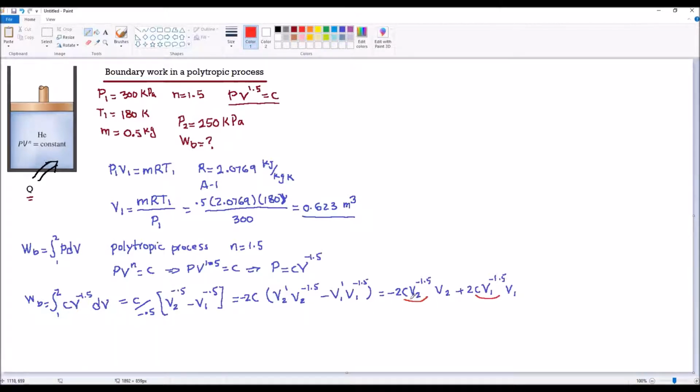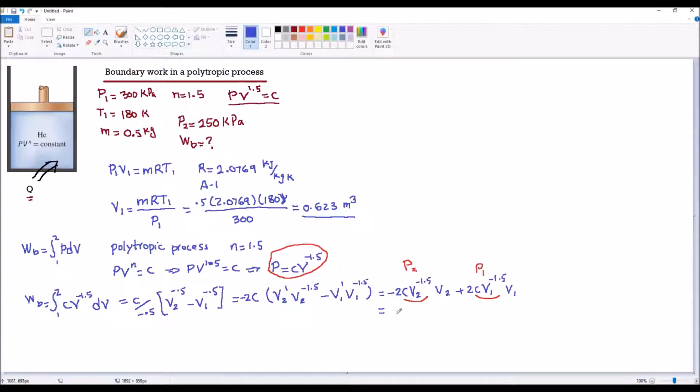Looking at these and going back to the equation governing a polytropic process, you can see that C times V to the negative 1.5 in this case is P2 and this one is P1.